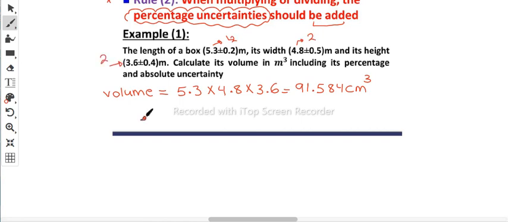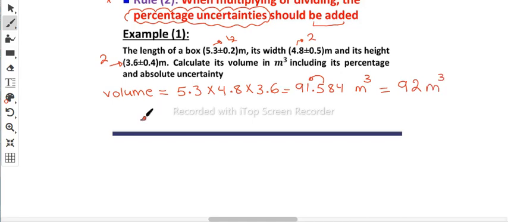So your final answer should have two significant figures. So the 1 rounds down, and your final answer should be written as 92 cubic meters. It is so important, as a final answer, to take into consideration the number of significant figures as discussed earlier.